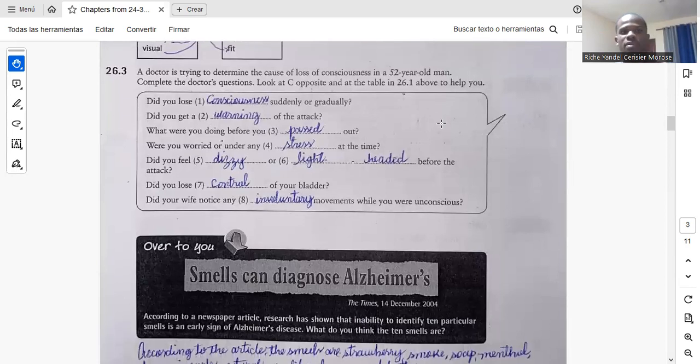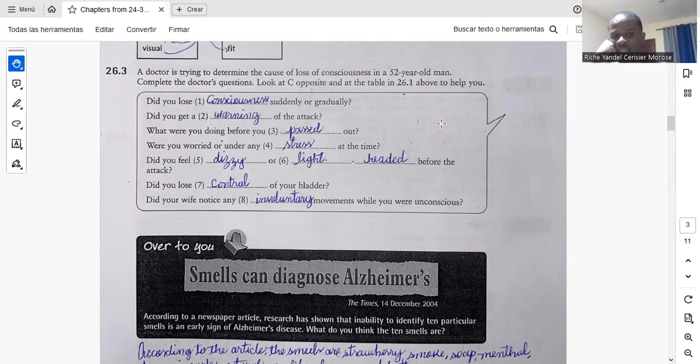Next, a doctor is trying to determine the cause of loss of consciousness in a 53-year-old man. Complete the doctor's questions. Did you lose consciousness suddenly or gradually? Did you get a warning of the attack? What were you doing before you passed out? Were you worried or under any stress at the time?